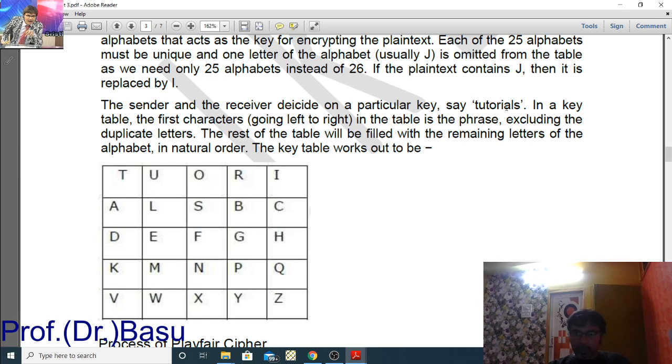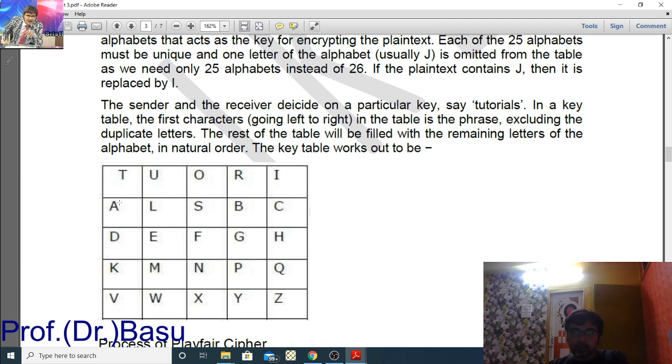So A, then L will come here, then S. Okay, now the rest of the characters will be placed in consecutive locations.